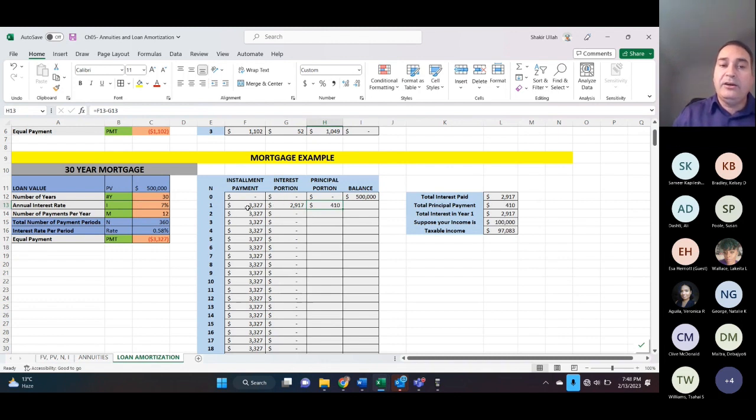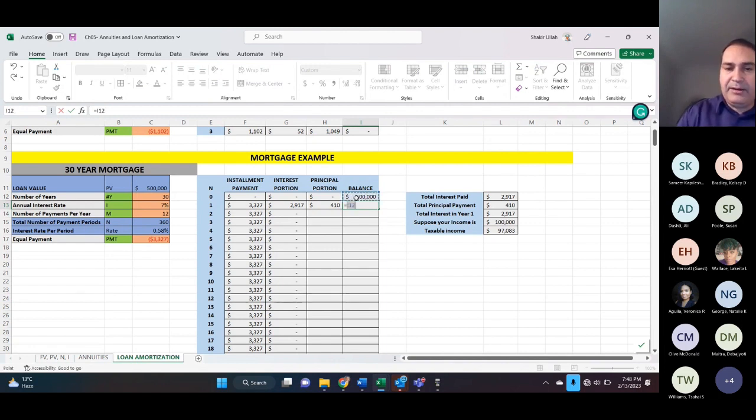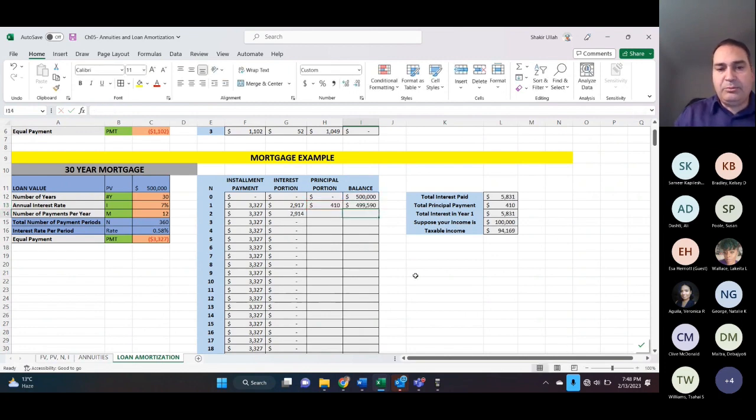The remaining $2,917 is my expense that goes towards interest expense. Now imagine that this is a very big number. What will be my new balance? My new balance would be equal to my previous balance minus whatever I paid towards the principal. So that's my new balance.